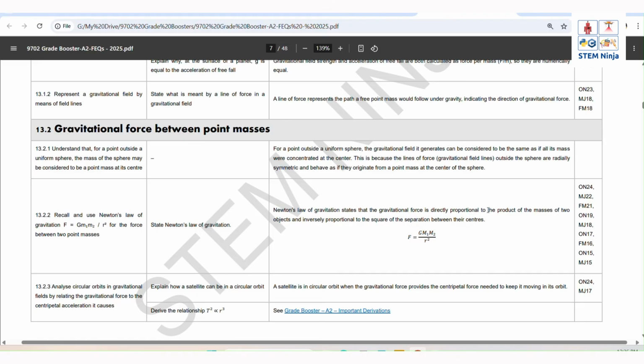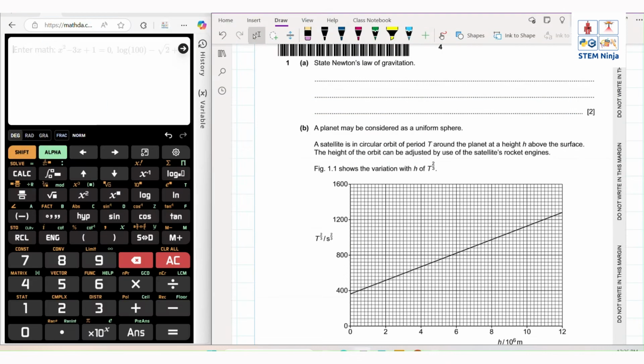So gravitational force is directly proportional to the product of the masses of the two objects, and inversely proportional to the square of separation between their centers, because we are assuming that those two objects are point masses. So either we include a phrase about the two point masses, or we specify that the separation is between their centers.